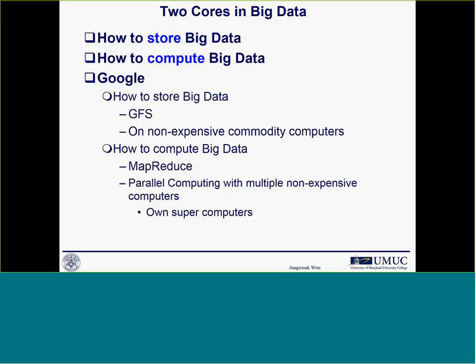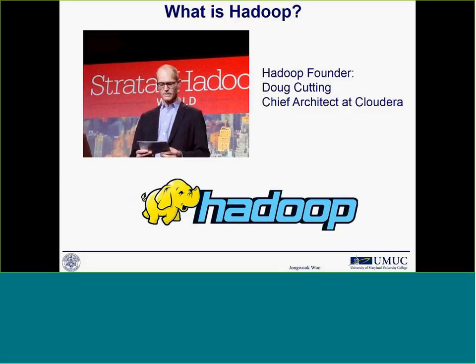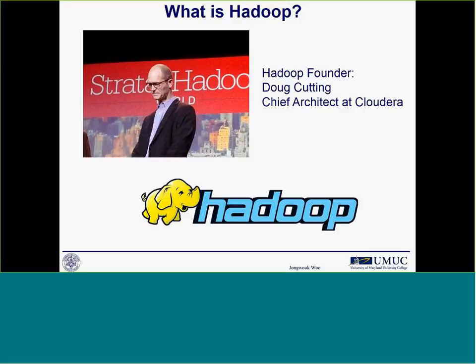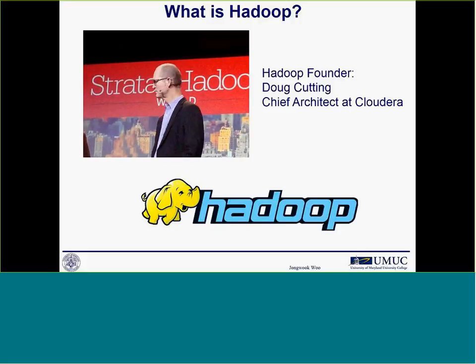So based on this publication, the paper from Google, Hadoop was started in the Apache open source community. This gentleman is Doug Cutting. He's the founder of Hadoop, and he had been working on many Apache open source projects, especially the Lucene search library, and also Nutch, the web search engine.